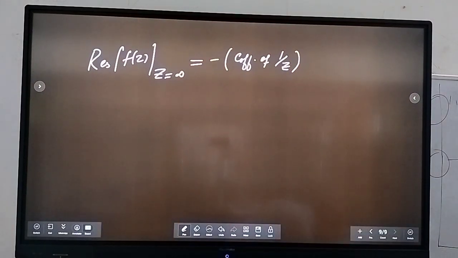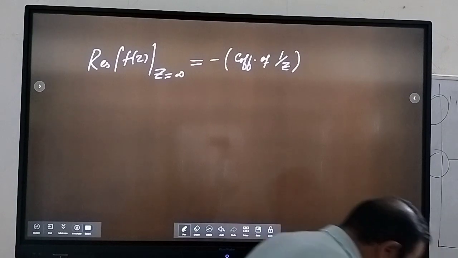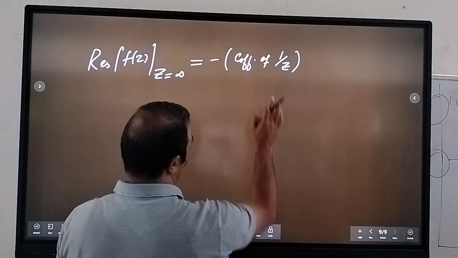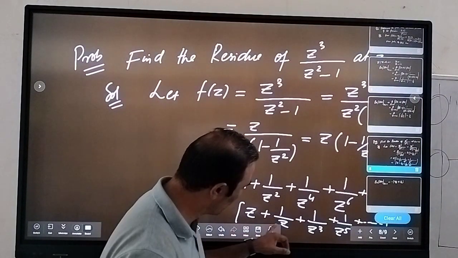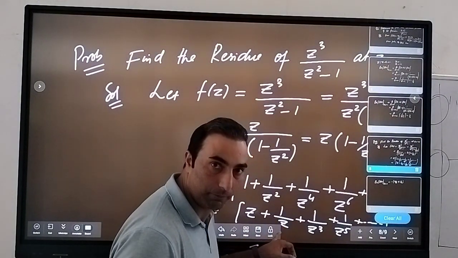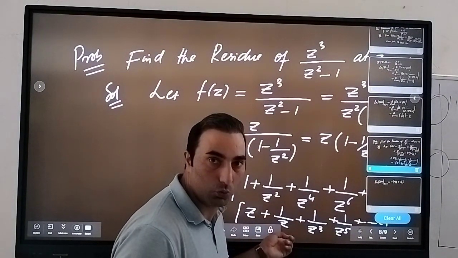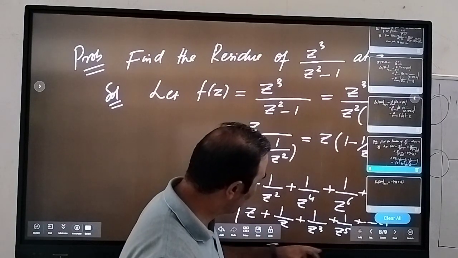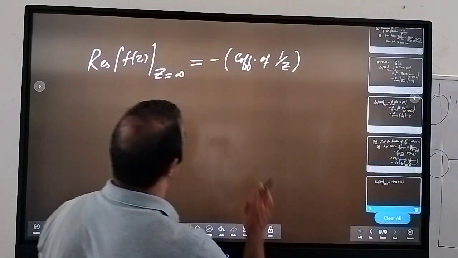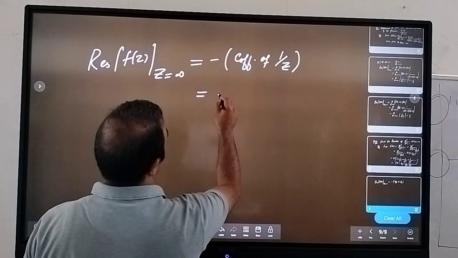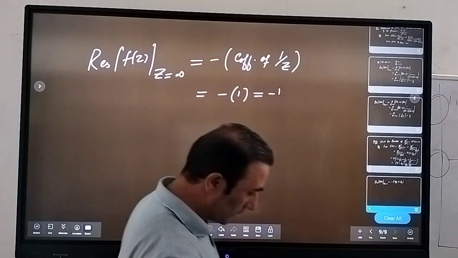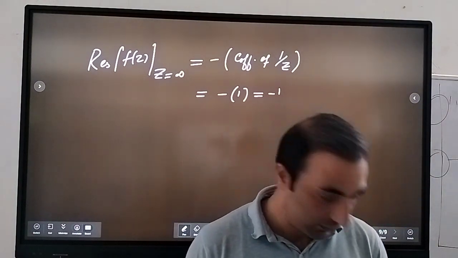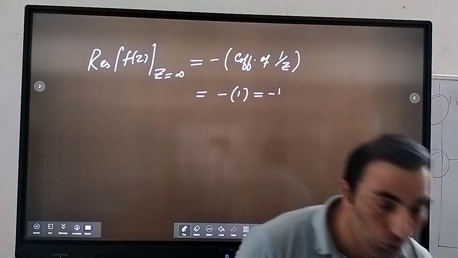So the coefficient of the 1 by z term, you can see here, is plus 1, right? Because the coefficient here is 1, and that basically gives us the residue at z equal to infinity. So that's equal to minus into 1. So these are some of the problems related to how to compute the residue.